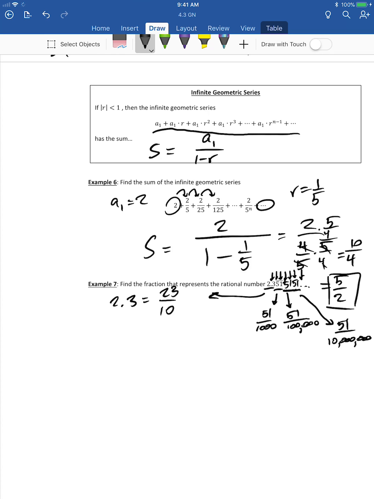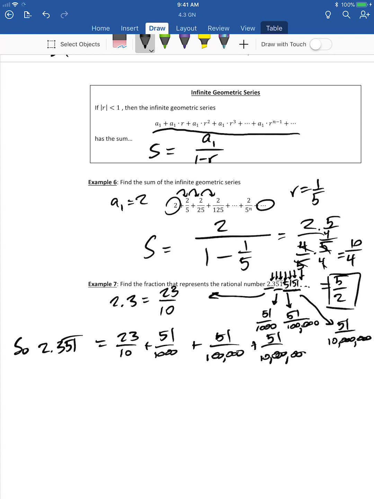And this keeps going. So if I add these fractions, it's 23 over 10 plus 51 over 1,000 plus 51 over 100,000 plus 51 over 10 million plus, and that'll just keep going because the 51 repeats over and over to infinity.